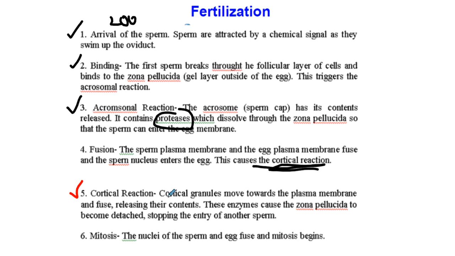So those cortical vesicles then release their contents, and they cause the zona pellucida to become detached, which stops the entry of other sperm. Finally, now that the other sperm are away, the nuclei of the sperm and the egg fuse, and then mitosis actually begins, where the egg starts to double, 1 cell to 2 cells to 4 cells to 8 cells to 16, 32, and so on, till we eventually make an embryo.